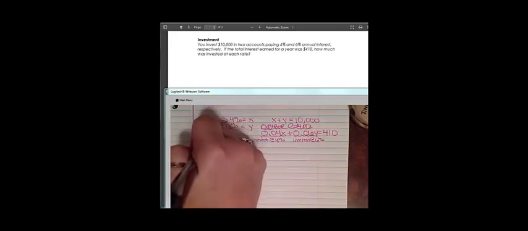Now, again, because this one has decimals, I'm going to want to do the substitution method. And so I'm going to want to solve for either my X or my Y. And in this case, I'm going to solve for my X. So I'm going to just subtract my Y over. So that would give me X equals 10,000 minus the Y. And then I'm going to rewrite our second one just so it looks nicer.